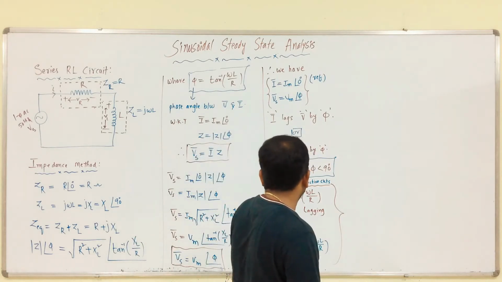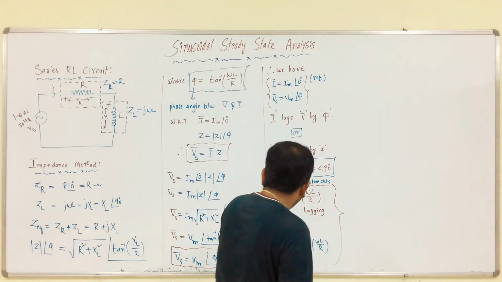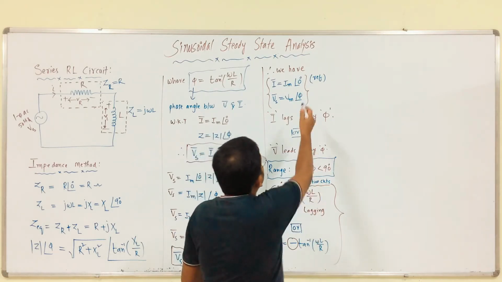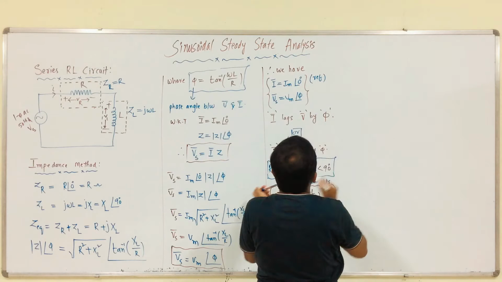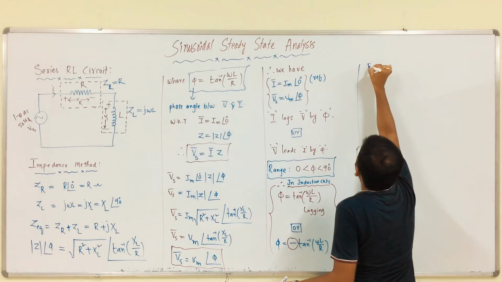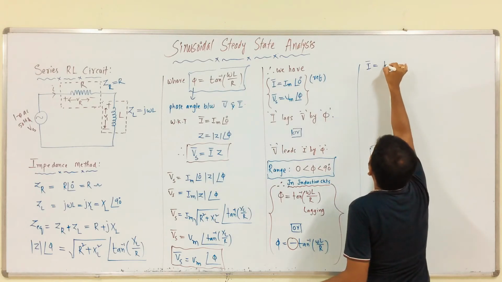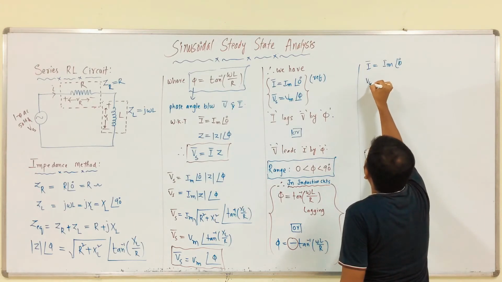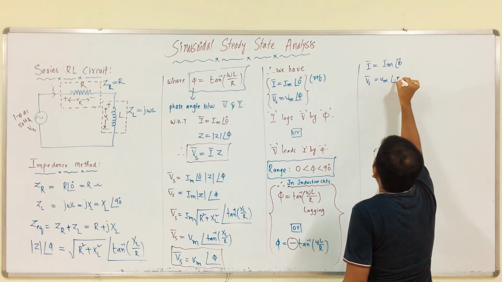Next, to get a better idea of this phase angle, how can we get this minus, how can we get this positive? See, can we write like this? I equals I m at an angle 0, and V equals V m at an angle phi.